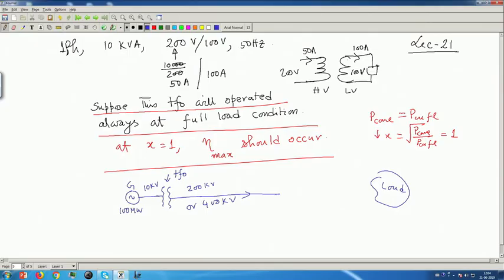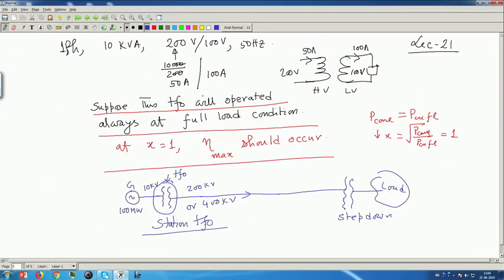But of course, at the receiving end, this 200 kV or 400 kV cannot be utilized directly. You have to have another transformer or multiple transformers to step down the voltage to an appropriate level, so that the power can be utilized. Now, these are called station transformers, power station transformers.